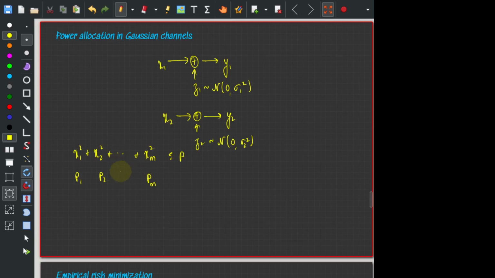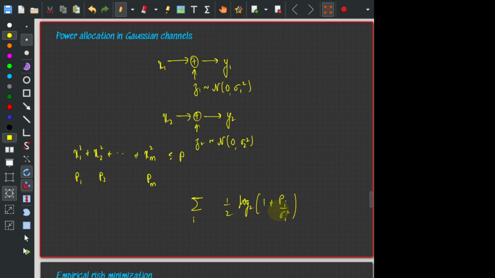If you look at the data rate over the ith channel, it turns out to be the following function: half log of 1 plus Pi by sigma i square.